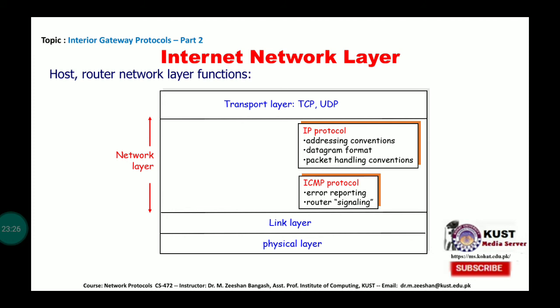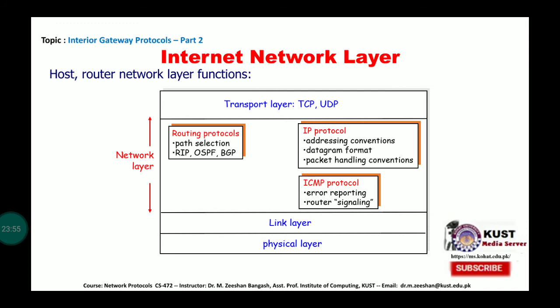So it's also the responsibility of this network layer that, apart from the IP protocol and the ICMP protocol, it also has another functionality of operationalizing the routing protocols, which are used for path selection and then forwarding that data or frame to that particular path.